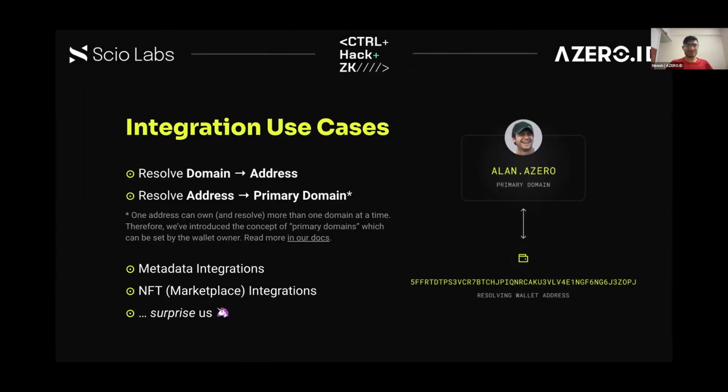Next is the integration. The potential use cases could start from a basic one, like resolving the domains to the addresses. The second is doing the opposite, resolving an address to the primary domain. There's one caveat here: an address can own or resolve to multiple domains at a single time, so the wallet owner needs to manually set the domain that they want to resolve.